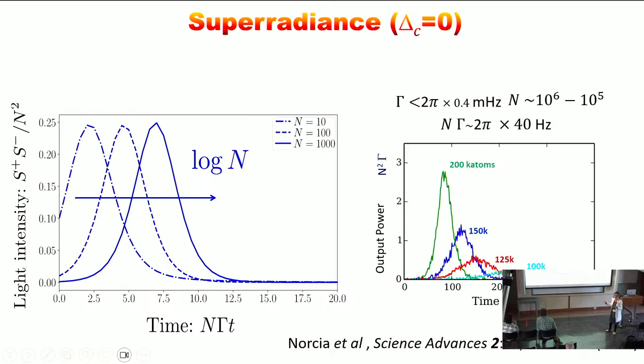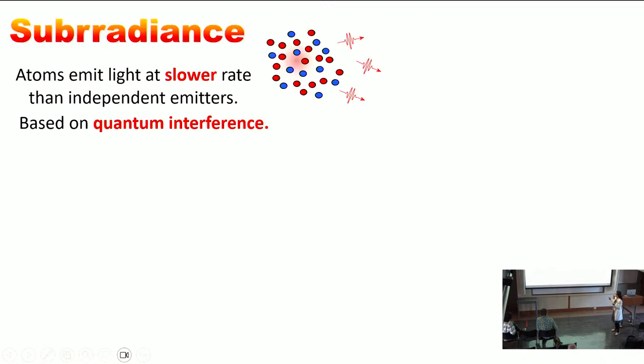In fact, this is what has been seen in James' lab, again using strontium 87. You can see this very small number for gamma, less than a millihertz, but because it has 10 to the 5, 10 to the 6 atoms, he can clearly see the superradiant pulses with the characteristic delay and a power that scales proportional to N squared. So this has been seen already for two-level atoms.